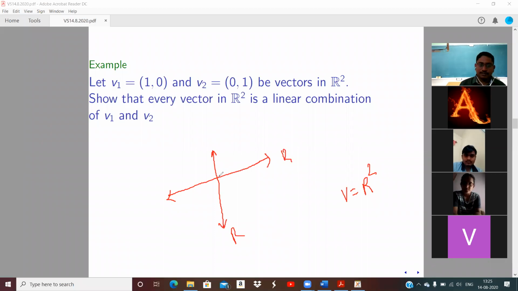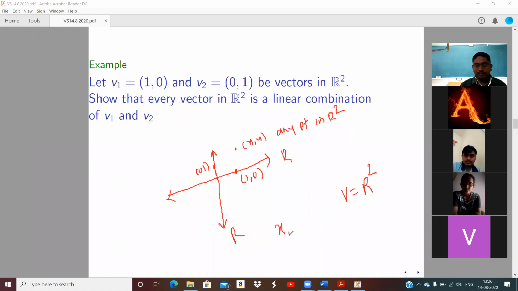On the x-axis you take the point 1, 0, and on the y-axis, with the same distance, you take the point 0, 1. We want to show that every point on this plane is a linear combination of these. So you take any point x, y, or any vector in R2. And how is x, y written?